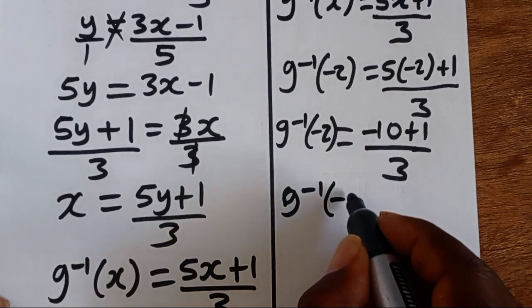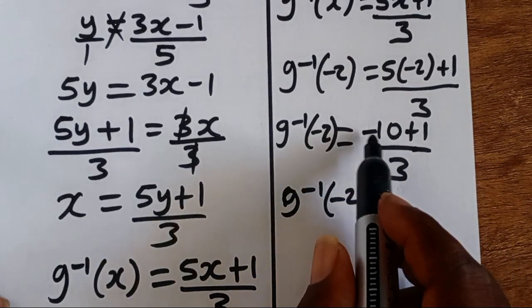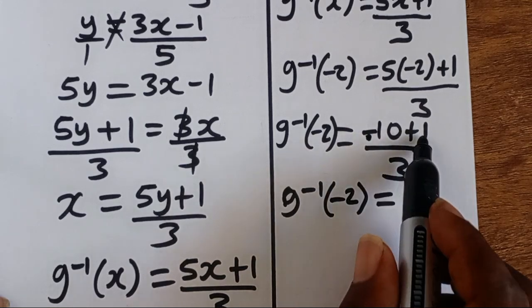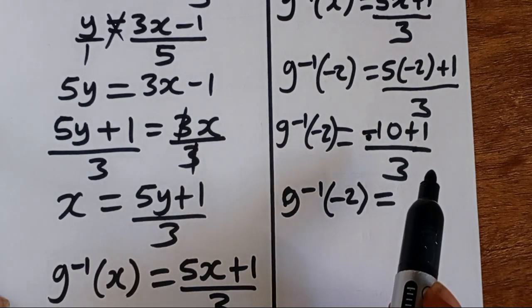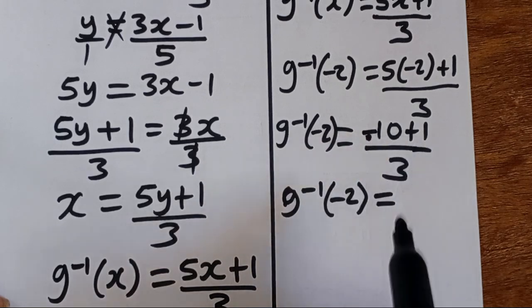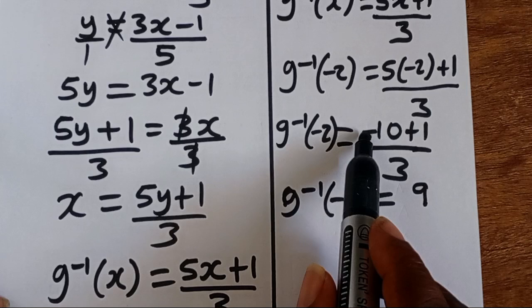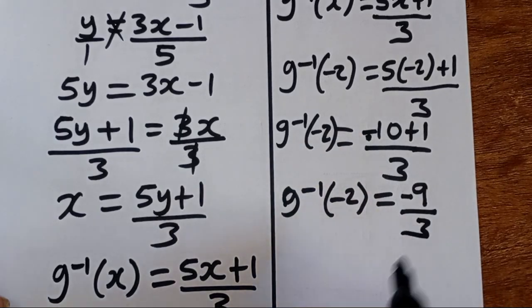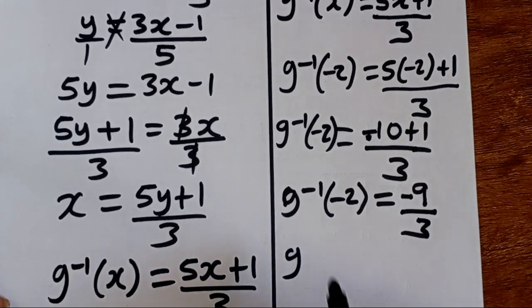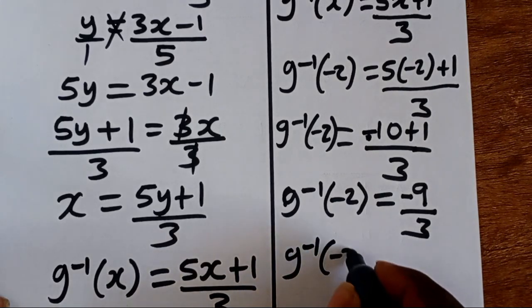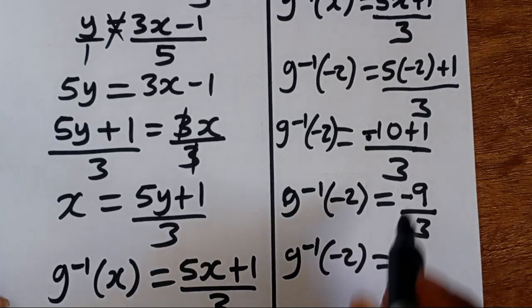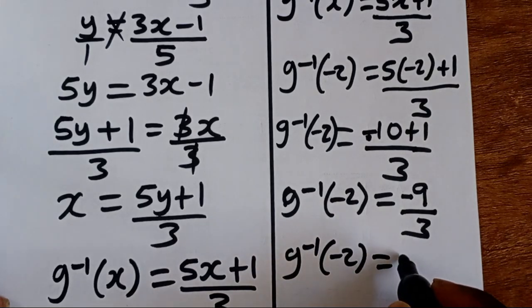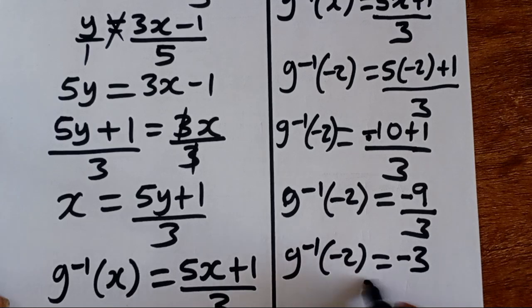G inverse of negative 2 equals negative 10 plus 1. Remember that negative and positive, you need to subtract. So here we are going to subtract, we are going to have 9. Remember, sign of the bigger number. The bigger number is 10, it has a negative. So the answer is going to be negative 9 over 3. So g inverse of negative 2 equals 3 into negative 9. We are going to have negative 3. So this is the answer.